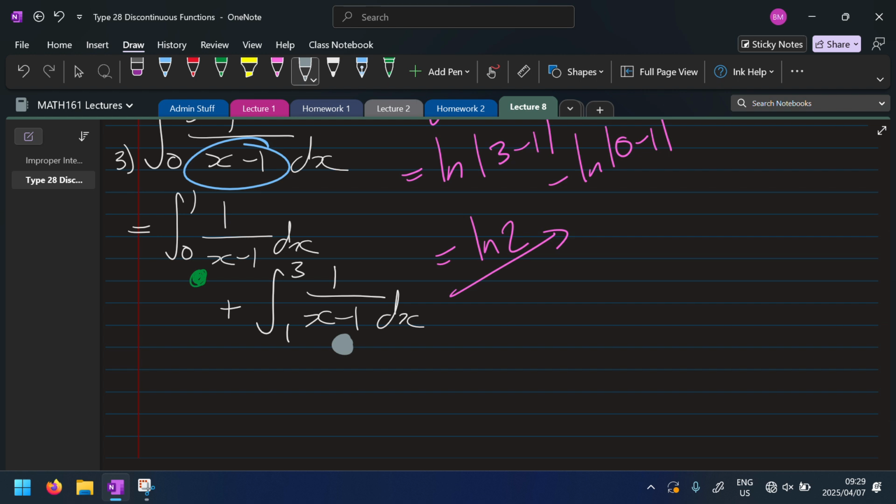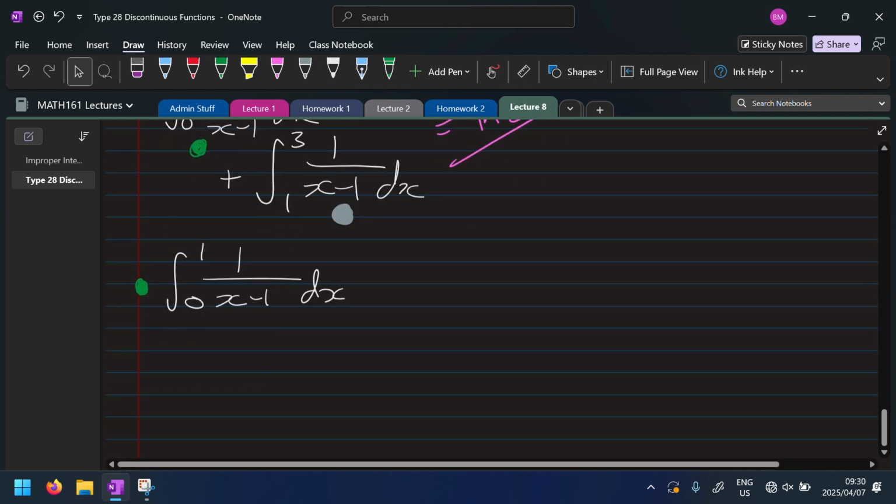So let's do the green one. So here we have the integral from 0 to 1, 1 over x minus 1 dx. And keep in mind, problem at 1. We cannot substitute 1 into this function. Doesn't work. So instead of a 1, we're going to write it as a b and take the limit as x goes to 1.